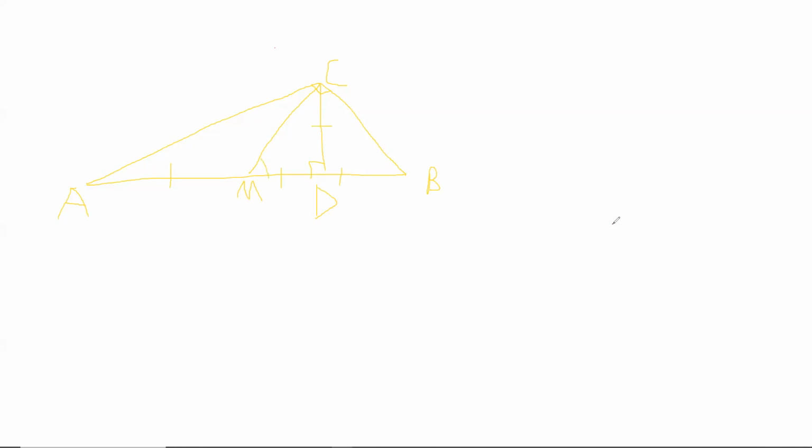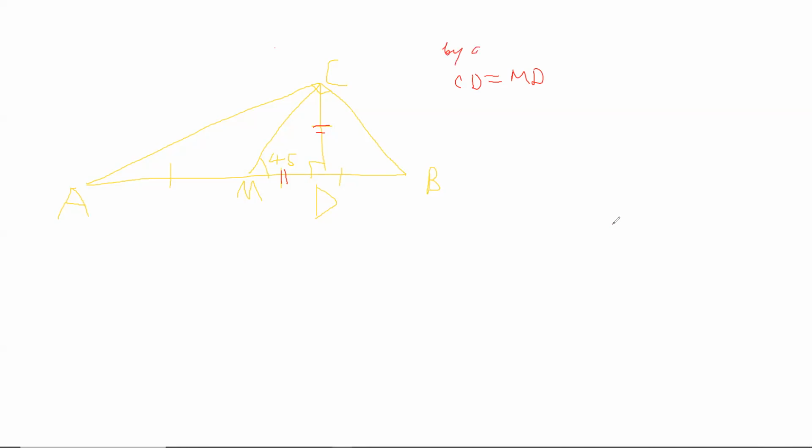So we can label this angle here. Because we assume that this one equals this one, it's an isosceles right triangle. CD is equal to MD by assumption.